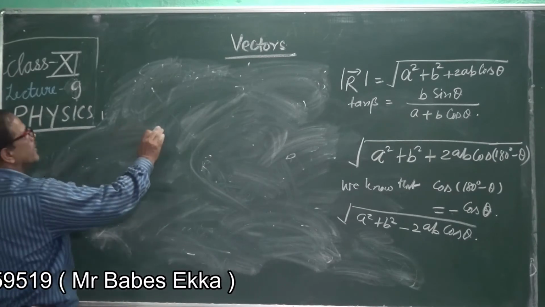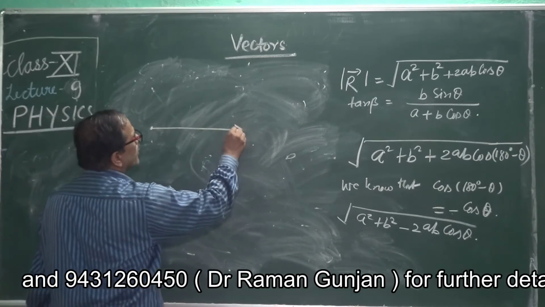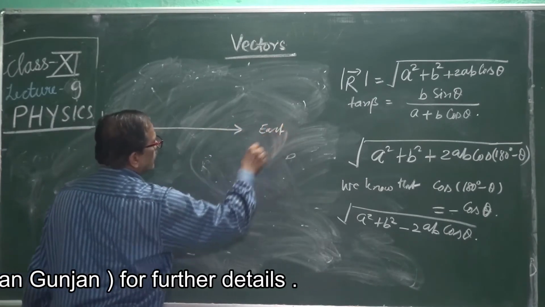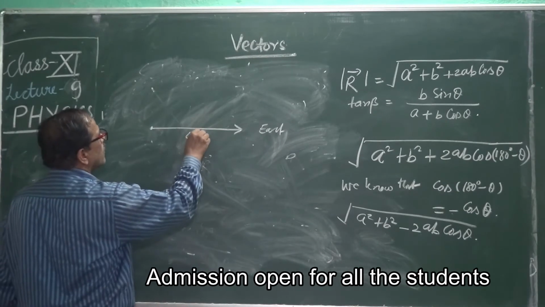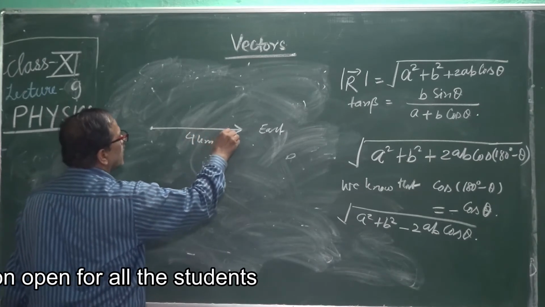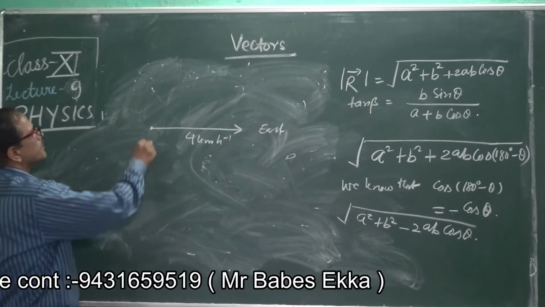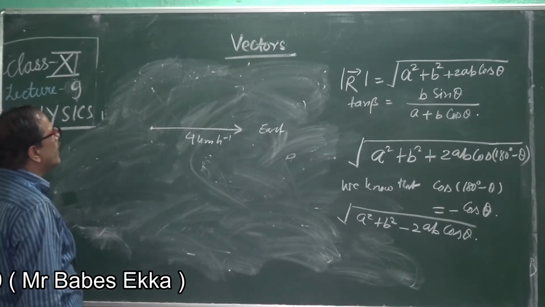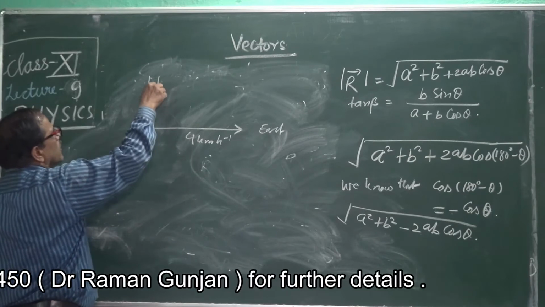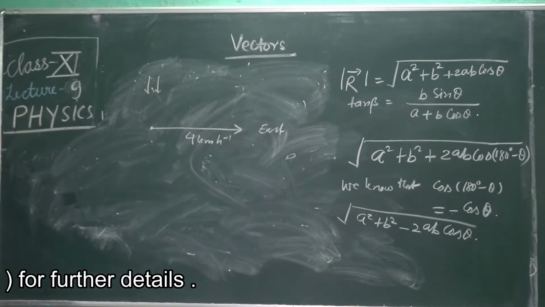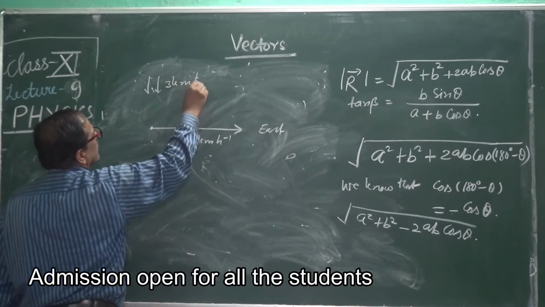If a person is moving in direction east with speed 4 km per hour, he finds that the rain is falling vertically downward with speed 3 km per hour.